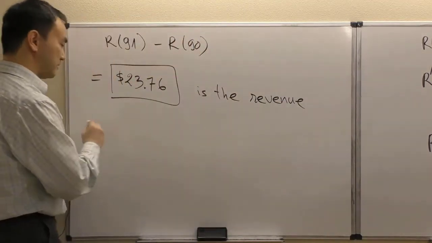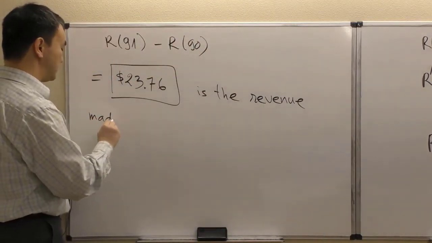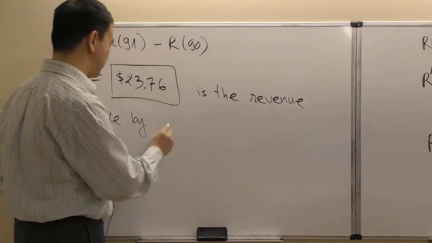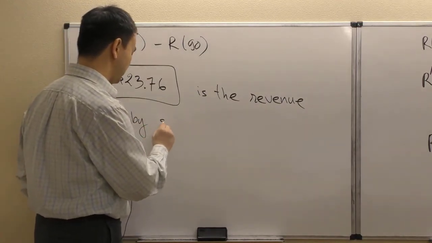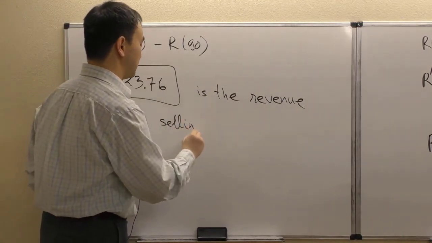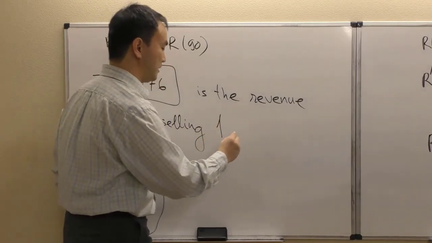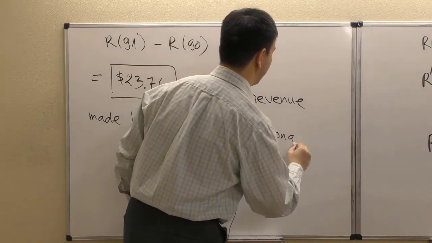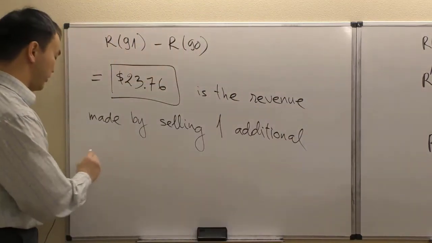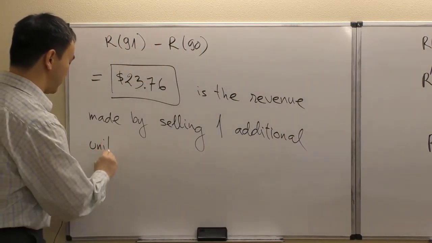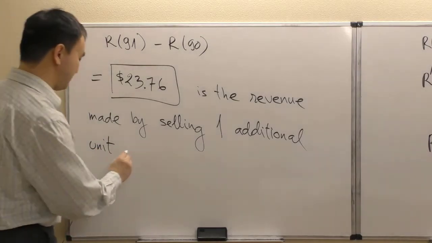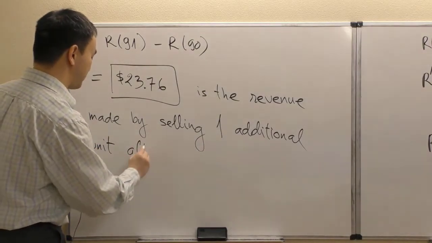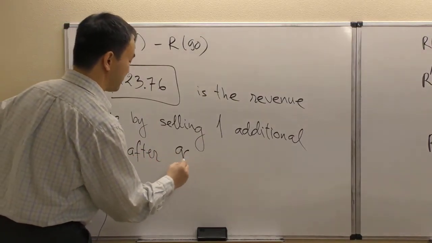made by selling 1 additional unit after 90.